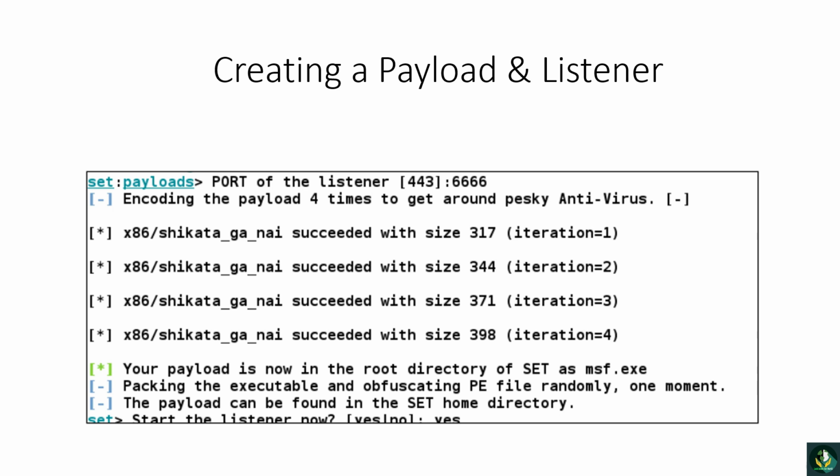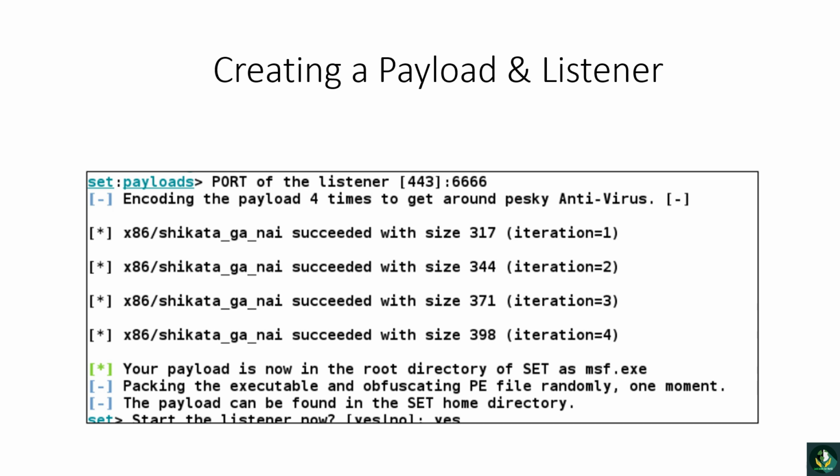Therefore, as soon as we define the port, SET begins the payload generating process and encodes it with the selected encoding scheme. It also defines the location where the generated payload lies on the attacker system. Then we need to send this file to the victim using social media like emails, or uploading it to a server, or any other choice. In this next step, SET asks the attacker to set up the handler.